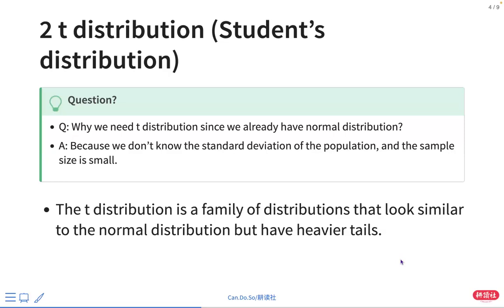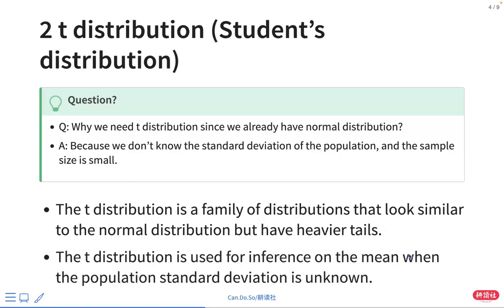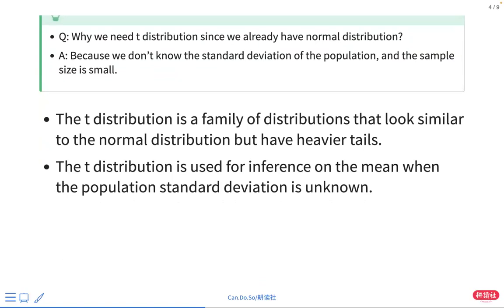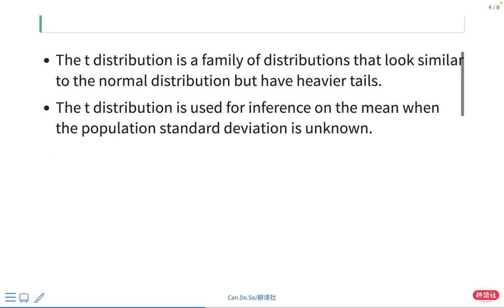Generally, the t-distribution is a family of distributions that looks similar to the normal distribution but has heavier tails. I'll show you the plot later. The t-distribution is used for inference on the mean when the population standard deviation is unknown.